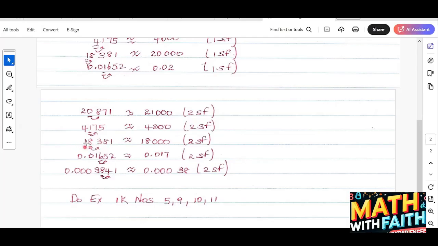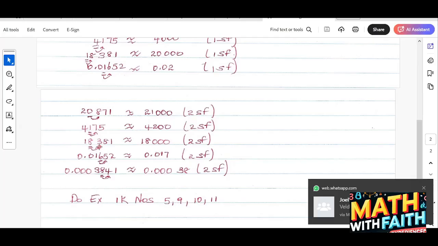That's 18,381. The first significant figure is 1. The second significant figure is 8. Let's look at the number after 8 to decide what to do with it. It is less than 5, right?